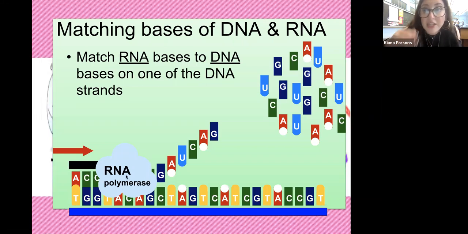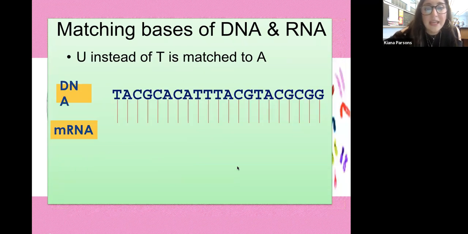So the RNA polymerase, just like the DNA polymerase, matches each base according to the base pairing rule, which is slightly modified here because adenine matches with uracil instead of thymine, which also means thymine is still going to match with adenine. So U instead of T is matched to A.